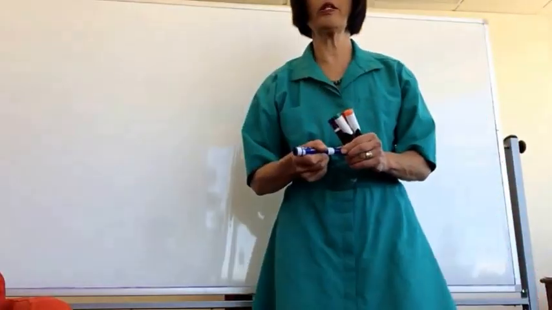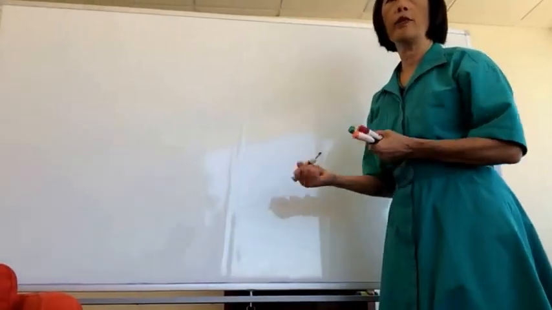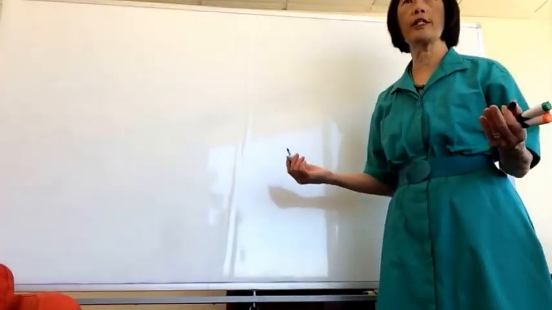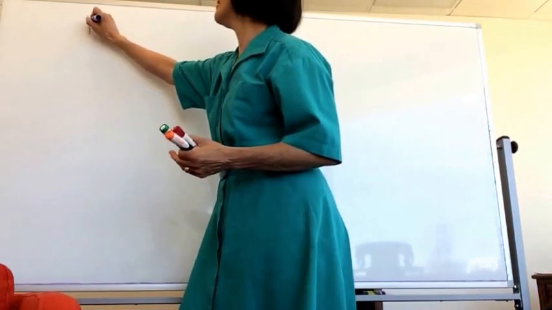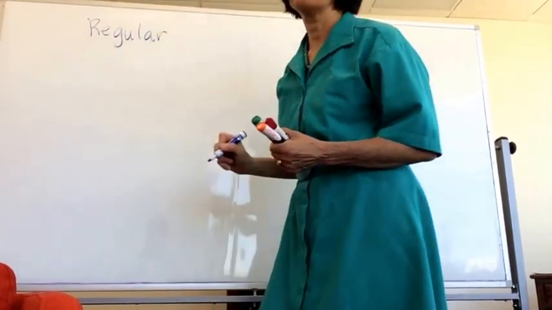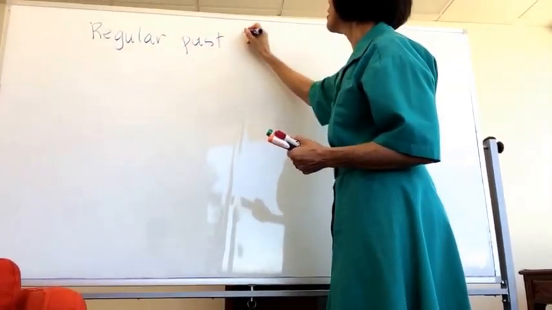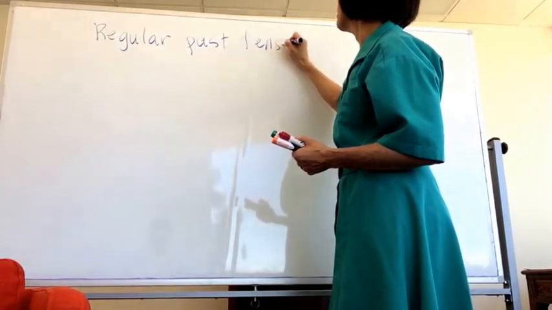So we're going to do some review of the regular past tense in English. We know that regular means that in writing, the end of the word is ed.